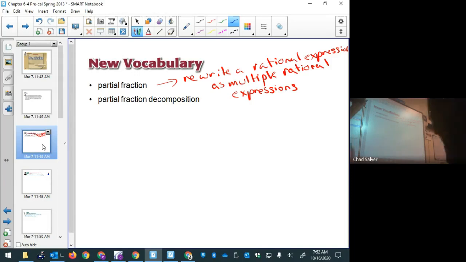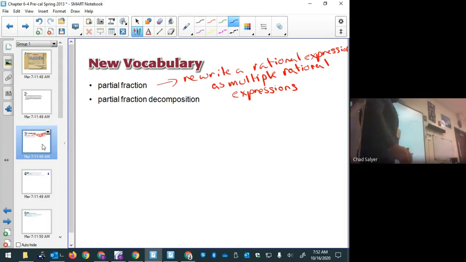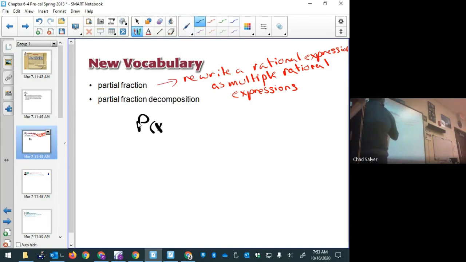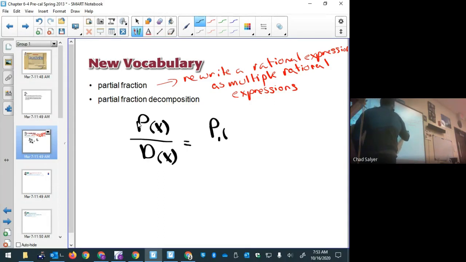And then partial fraction decomposition is just the process of going from a normal rational expression. So this will be new.